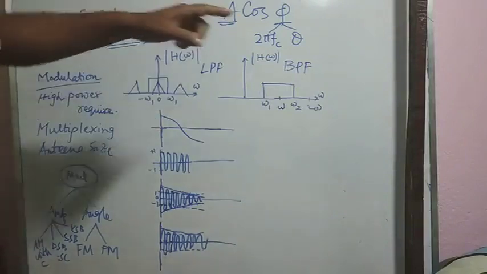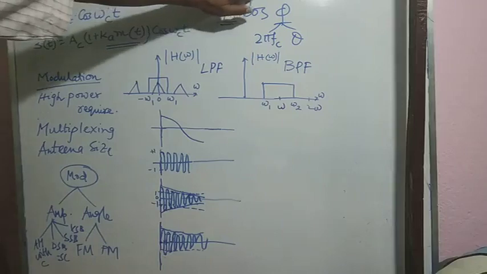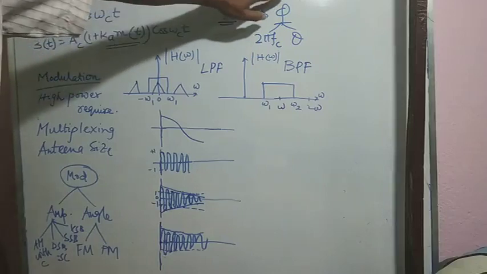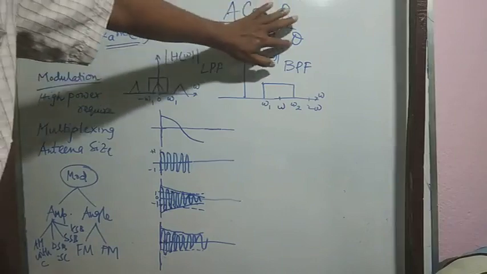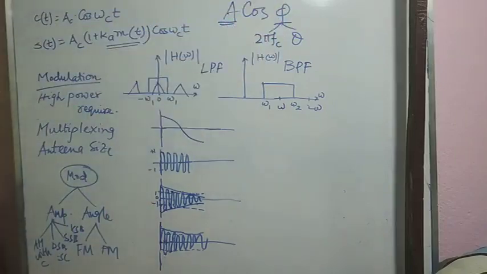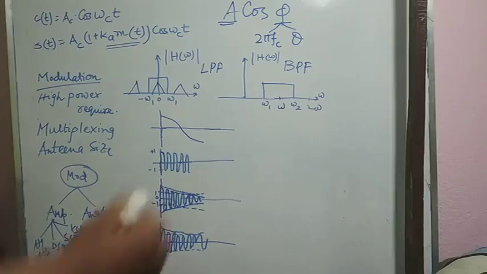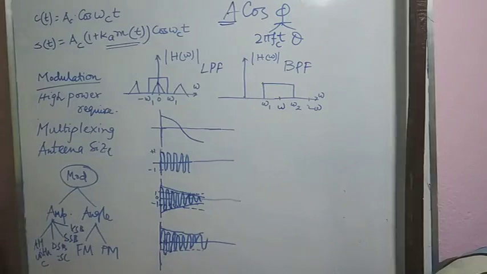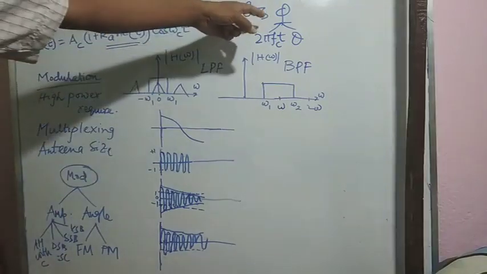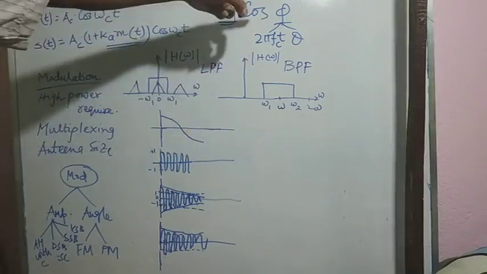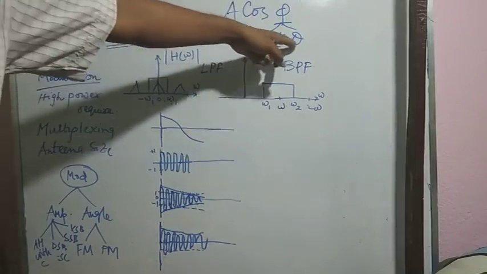So if we write the carrier as A cos phi, here phi is the phase, it has two parts, one is frequency part and another is phase part. Sorry, this is 2 pi fc t. So the carrier signal A cos phi has two parts, one is frequency, another is phase.